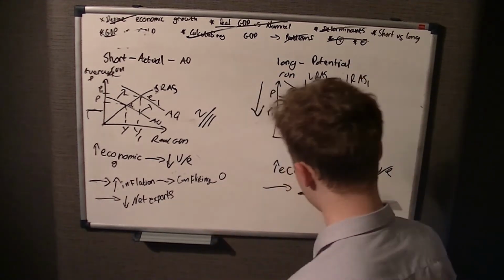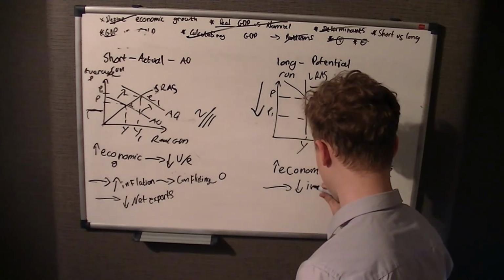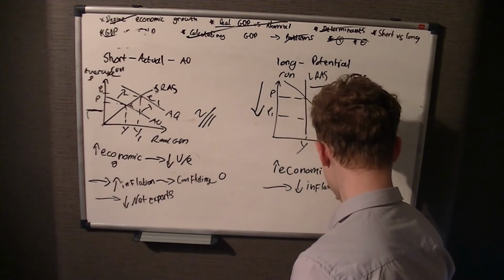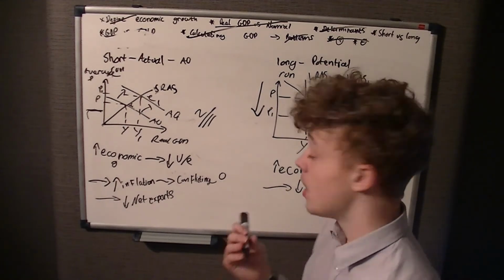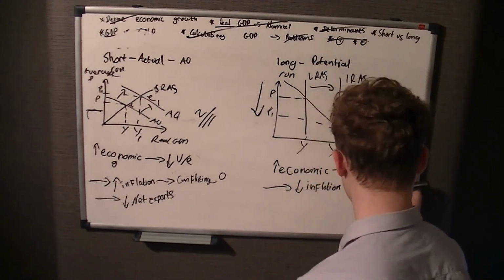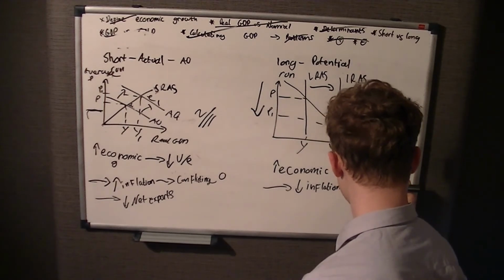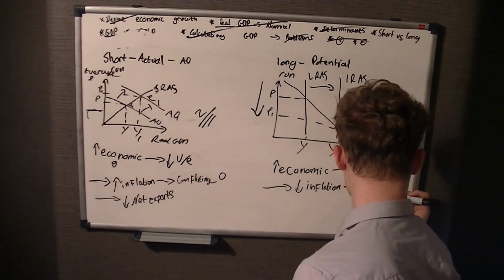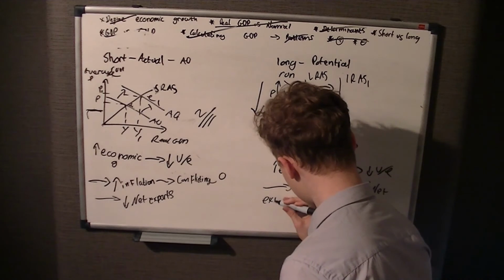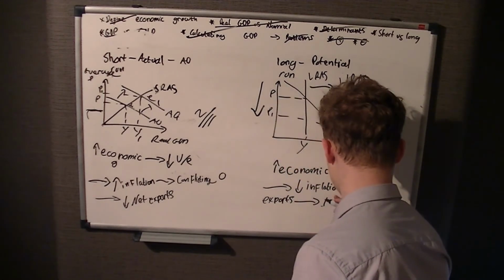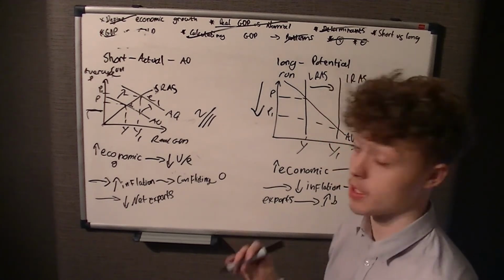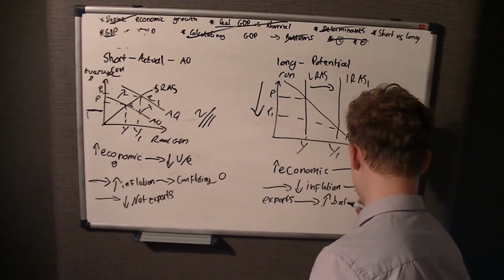So we can say inflationary pressure has decreased, a decrease in inflation. And a decrease in inflation means an increase in net exports and an increase in the balance of payments, which is the same thing. You can say either, but I'm just going to put them both down.